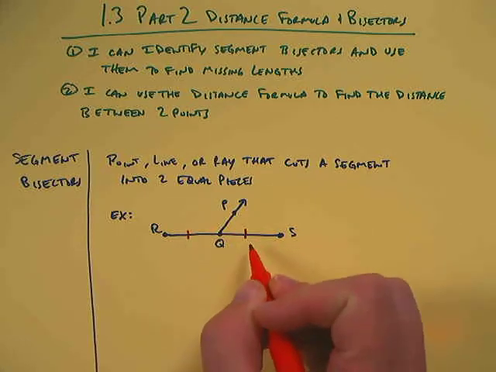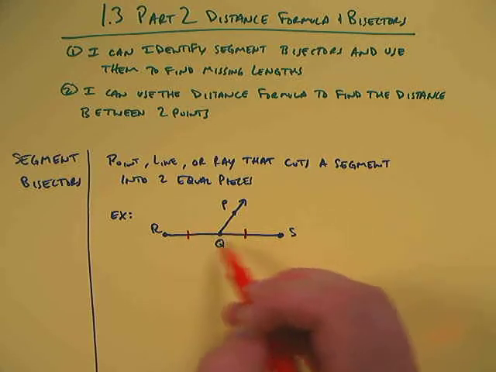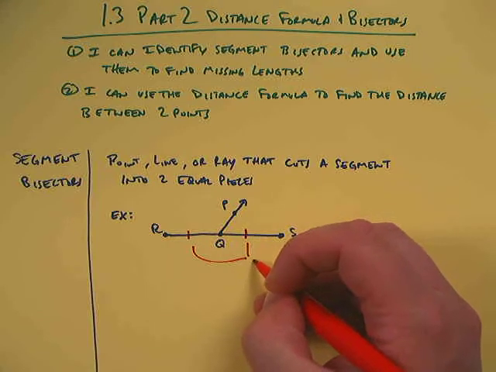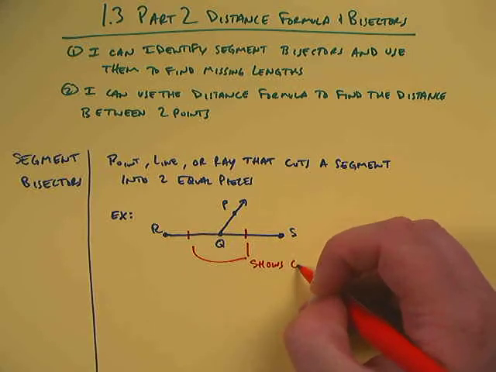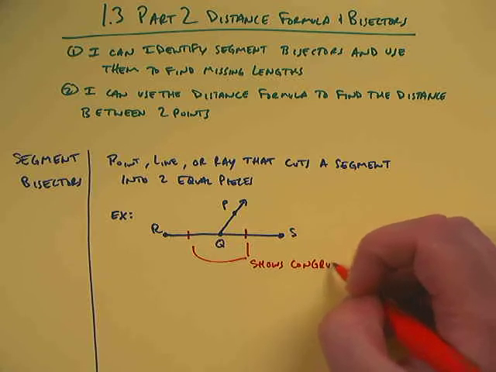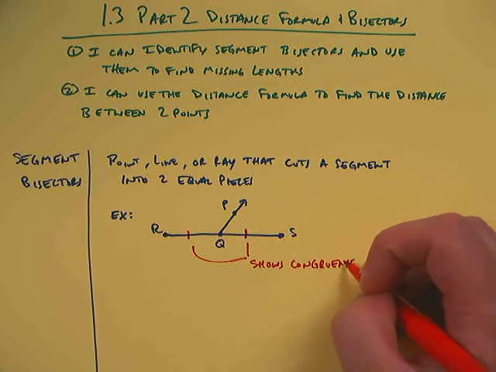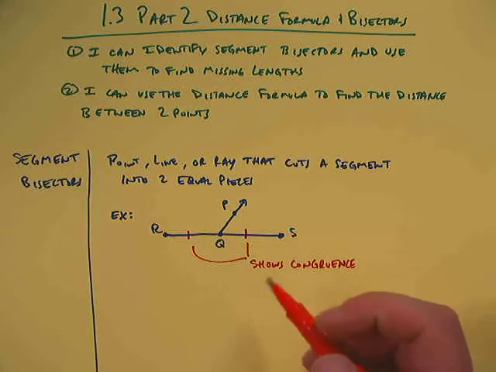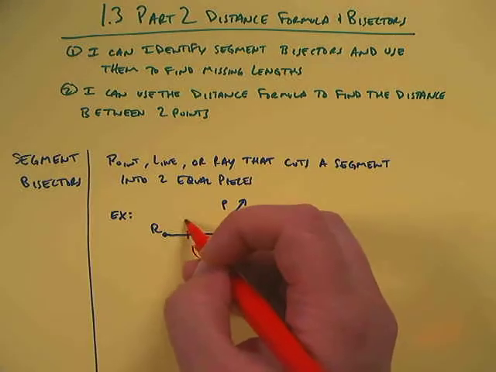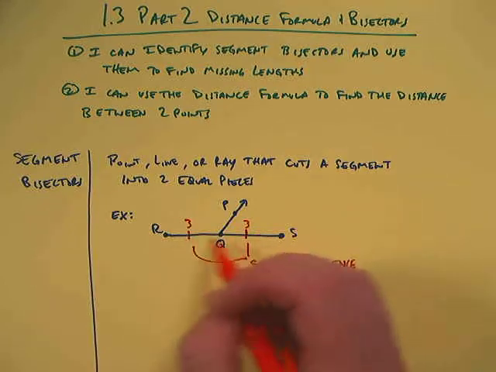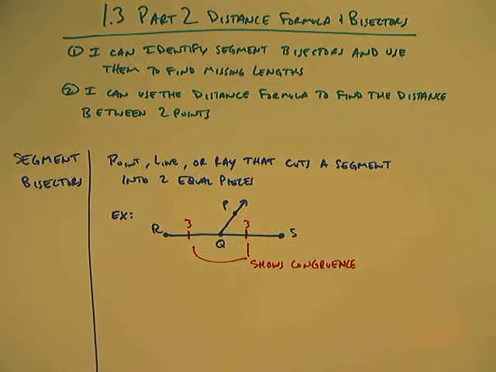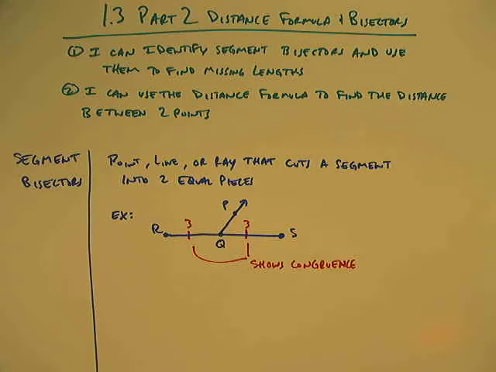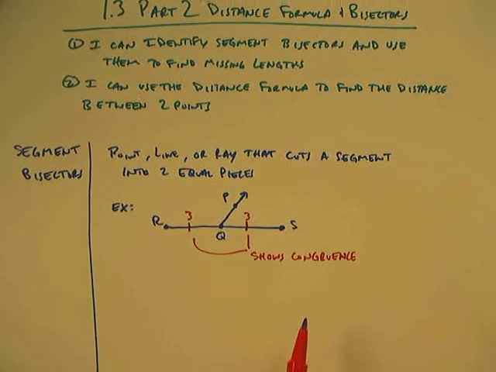So if I have 2 lines like this, one here and one here, that means that these are 2 equal pieces. So that shows congruence. It shows us that those are the same length. You could also see that, if they were both labeled as being 3 units long, that would be another clue that this is being cut into 2 equal pieces.